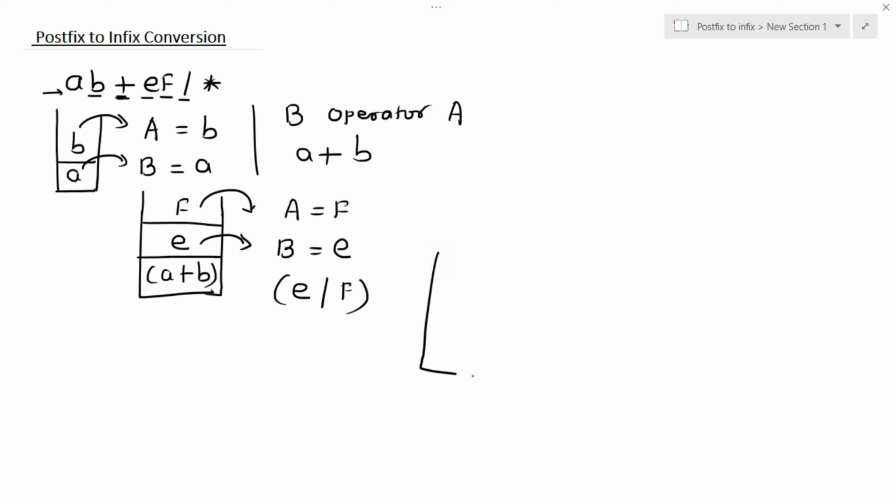Now in our stack, we already have A plus B, and then we get E divided by F. So these are the operands. One is A plus B and the second one is E divided by F. Now the next symbol comes, that is multiplication. In order to insert multiplication, we have to remove these operands from the stack.